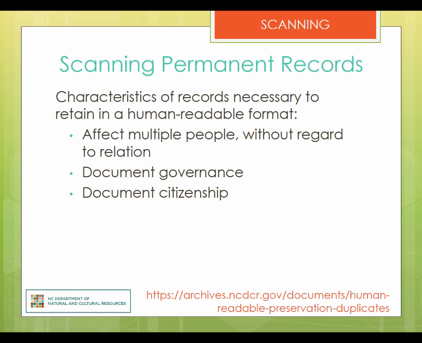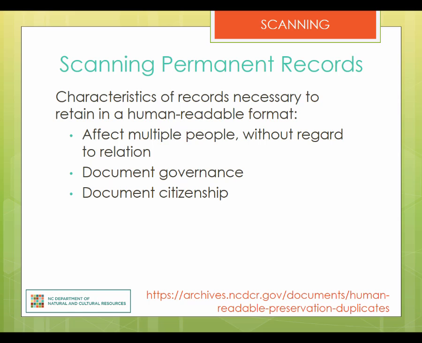According to DNCR's Human Readable Preservation Duplicates policy, there are certain records that are considered essential to agency operations that must be retained in their native paper format or converted to microfilm, even if they are also scanned and retained electronically for ease of access.